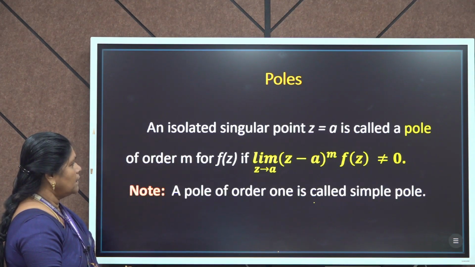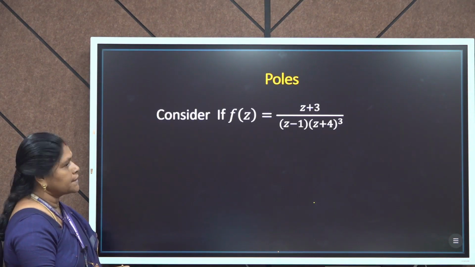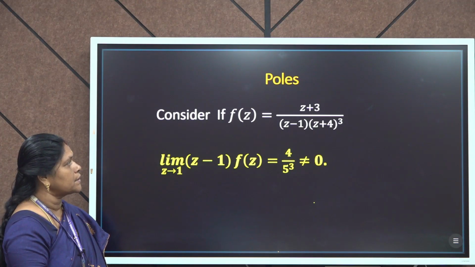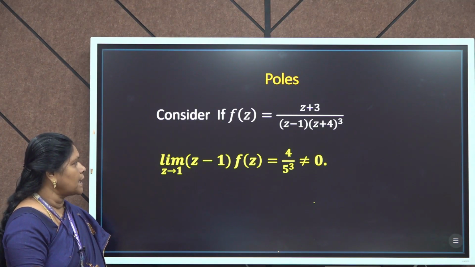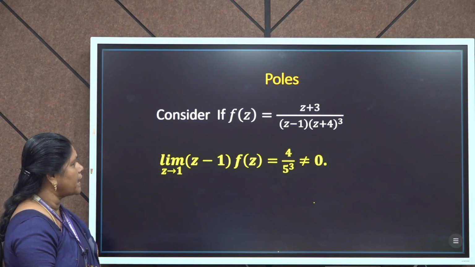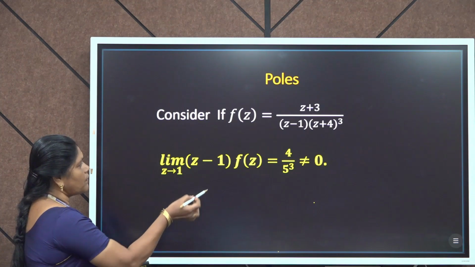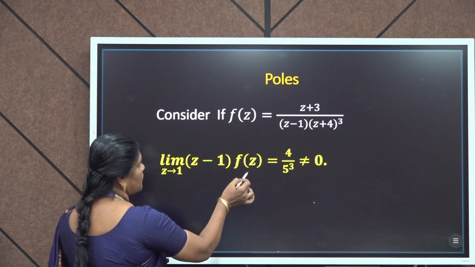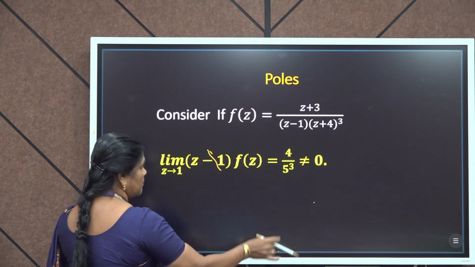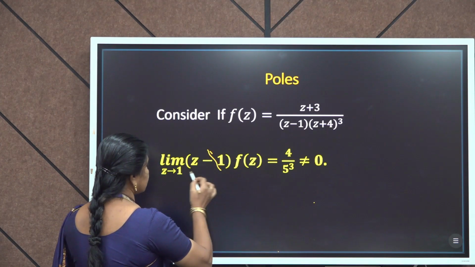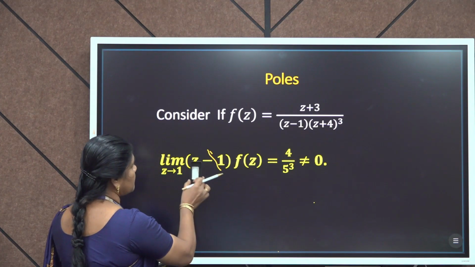For example, consider the function in which z is equal to 1 and z is equal to minus 4 are the singular points. Now, let us find the limit as z tends to 1 of (z minus 1) into f of z. Cancelling z minus 1 with z minus 1 in f of z, and putting z is equal to 1, we get 4 by 5 power 3, which is a non-zero value.